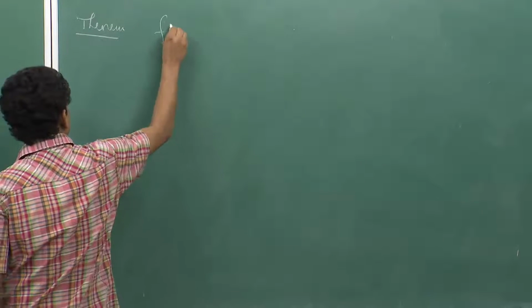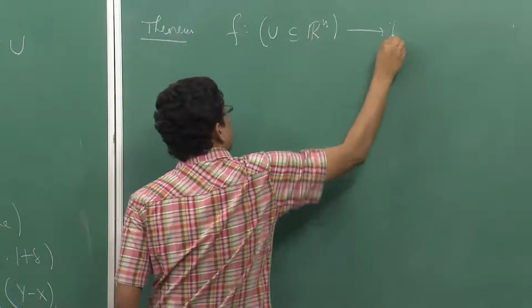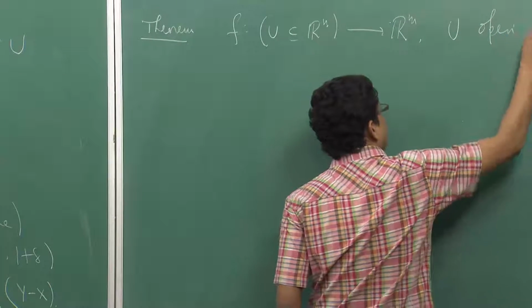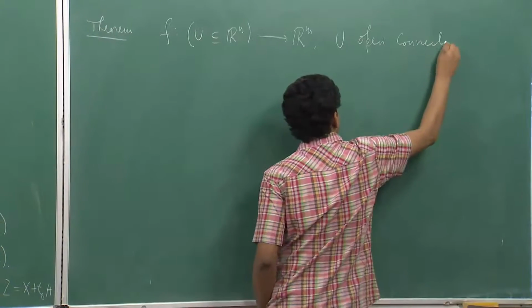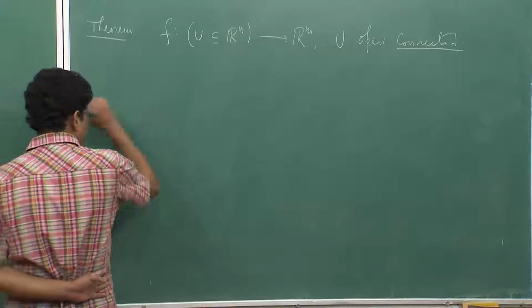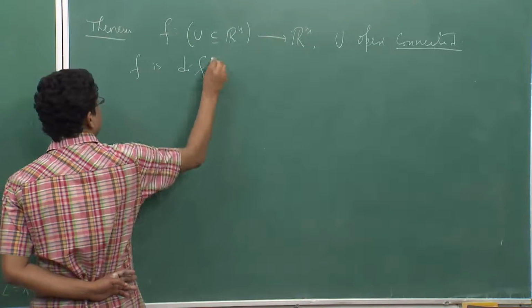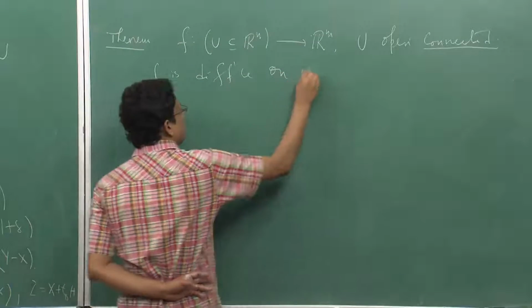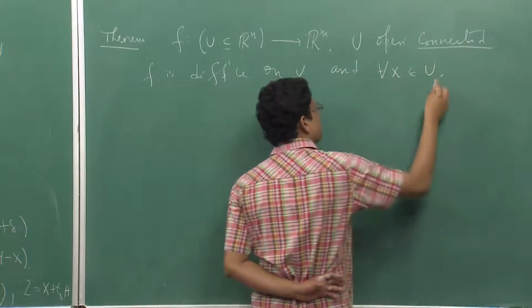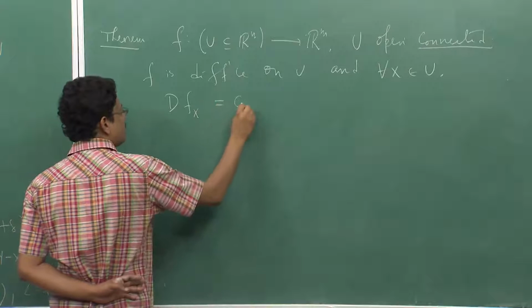So, again f from u to Rm, u in Rn. Let me emphasize, u is open, connected, f is differentiable on u, and for all x in u, dfx is equal to 0.